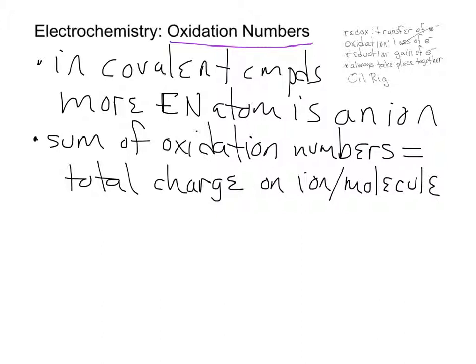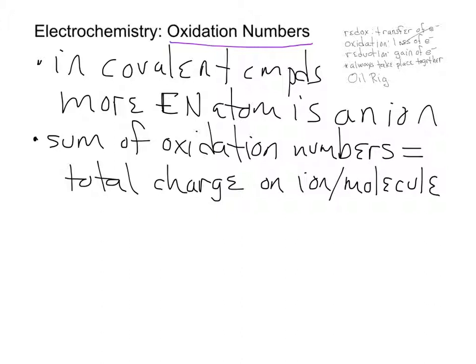So if you're looking at identifying the oxidation numbers in phosphate, phosphate has an overall charge of -3. So your oxidation numbers for all the atoms better add up to -3. Okay, if you have a neutral molecule like carbon dioxide, your oxidation numbers better add up to 0 because carbon dioxide is neutral.